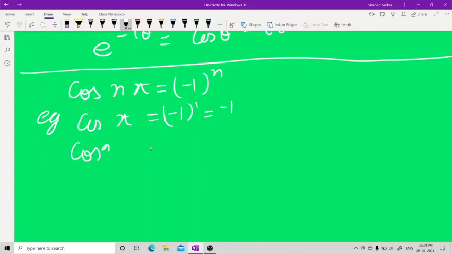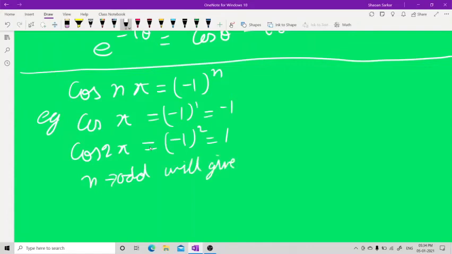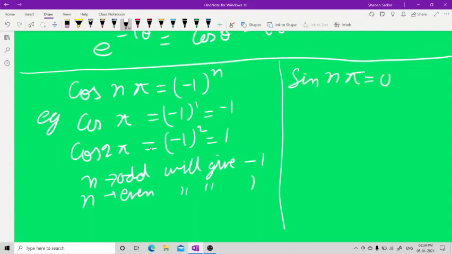If I take cos 2 pi, I will always get minus 1 to the power of 2, and this will give me 1. That means n odd will give minus 1, and n even will give plus 1. Now, sine n pi is always 0.